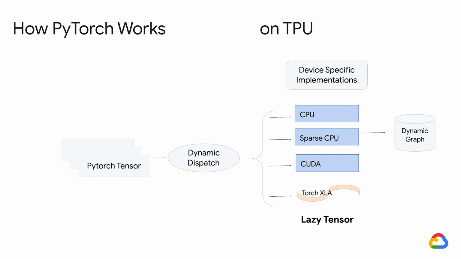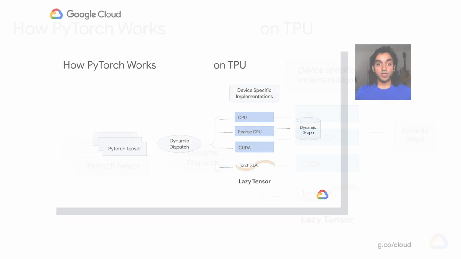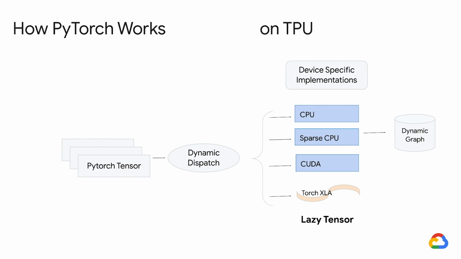In case of a lazy tensor, PyTorch XLA just constructs an XLA intermediate representation graph, with no evaluation performed on this graph until required, either by a certain operation in your model code itself or by a call that necessitates the context transfer from the tensor to scalar. Building this IR graph also enables PyTorch XLA to do certain graph level optimizations, which are not possible if you are doing the op by op dispatch.